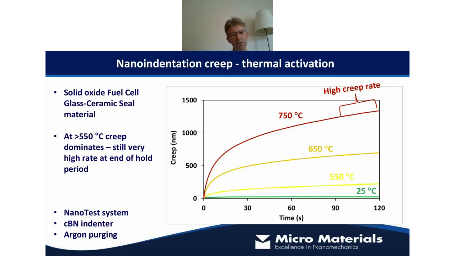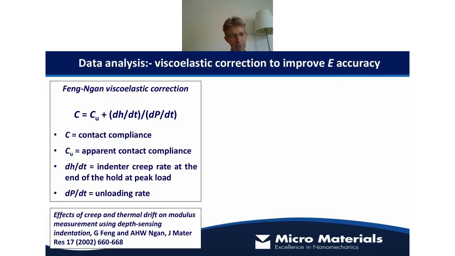So you can imagine as you start to unload that that rate is continuing to happen, and it's being superimposed on what's happening during that elastic unloading, and that's making it difficult to apply that elastic analysis to get reliable elastic modulus data. At room temperature, this sort of behavior was thought about a long time ago by Feng and Ngan in Hong Kong, and they developed a viscoelastic correction to the contact compliance, which, in terms of 1 over stiffness, is a critical thing in the unloading analysis to determine hardness and stiffness.